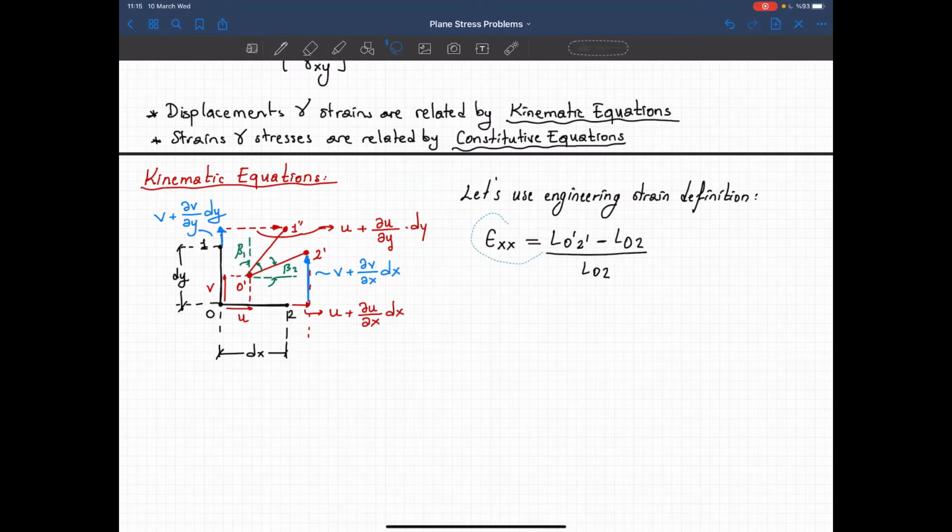Okay, that's the strain in x direction. So that's equal to, what is the length of this member in x direction, how much its length changes in the x direction.